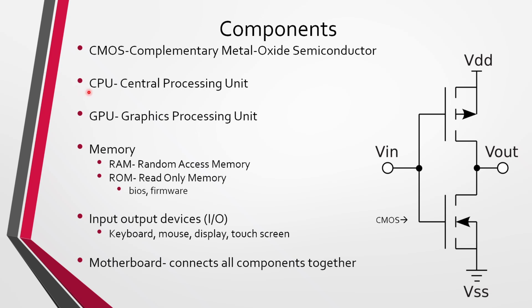Another component of a computer is a CPU, a central processing unit, that handles all the arithmetic and logic of the computer. So at its core, all these transistors together just do basic mathematical steps to the binary.